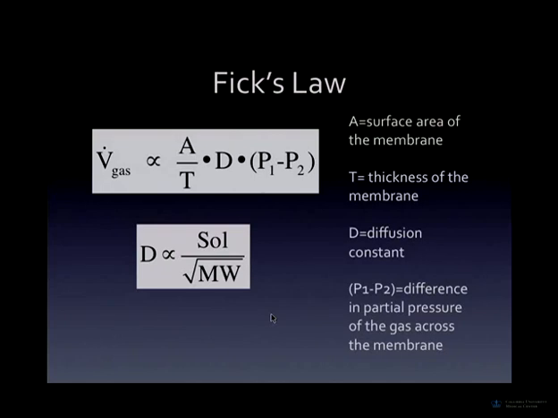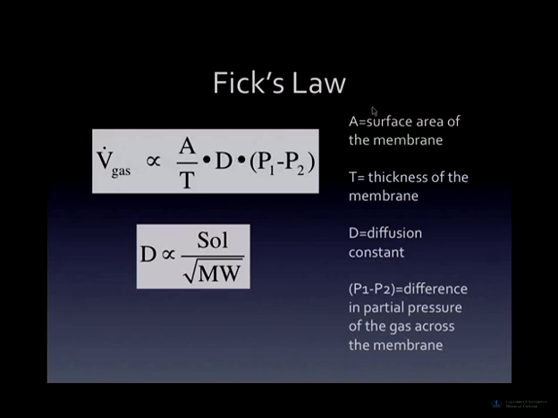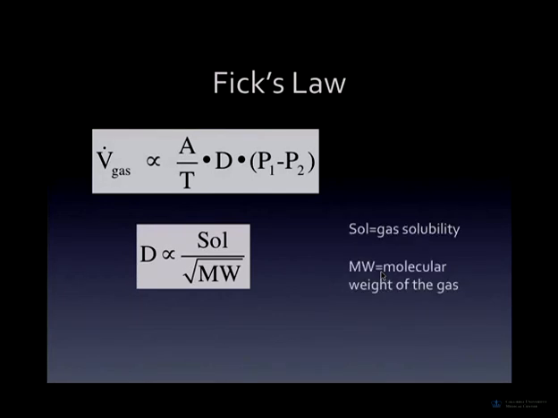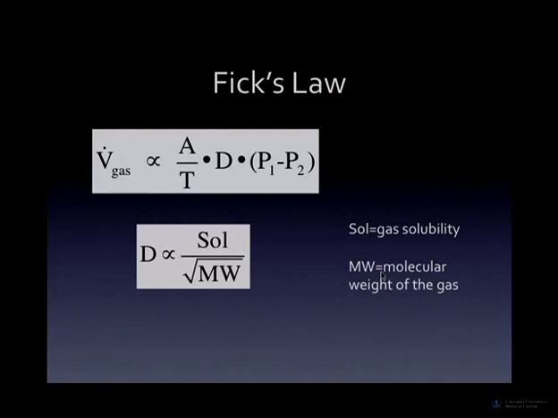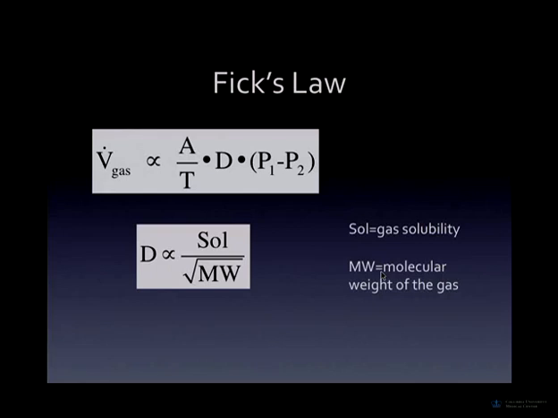Fick's law describes gas transfer across a membrane, looking at several factors, including A, which is the surface area of the membrane, T, the thickness of the membrane, D, a diffusion constant, and this difference in partial pressure of the gas across the membrane. And the diffusion constant is proportional to the solubility of the gas that's diffusing across and inversely proportional to the square root of the molecular weight of the gas.